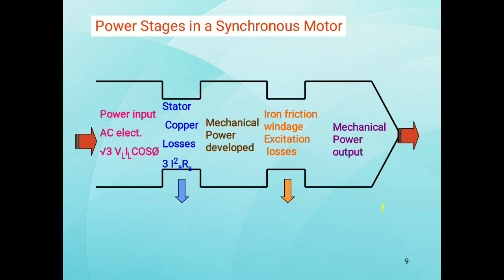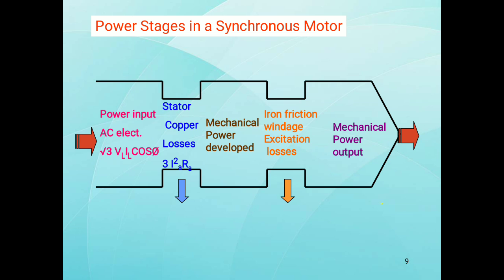Then after that, the mechanical power is developed in the armature. Then iron, friction windage and excitation losses will occur in the motor. So finally, after these iron and friction losses, we get the mechanical power output as the motor is rotating.